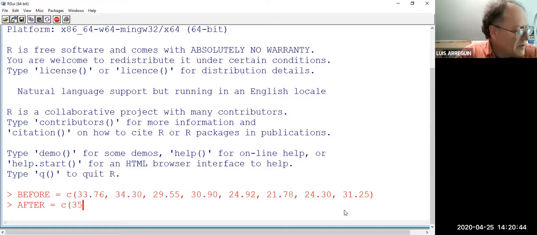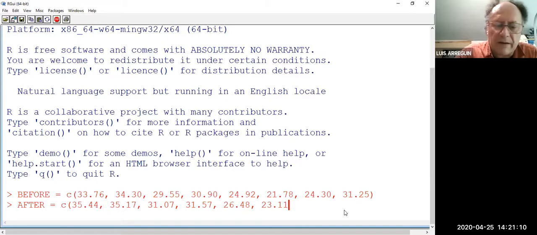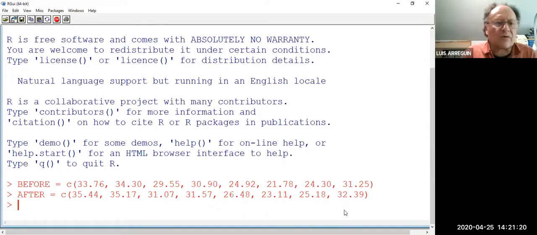So I have 35.44, then 35.17, and 31.7, 31.57, 26.48, 23.11, 25.18, and finally 32.39. So I have two data sets, and I'm going to compute the difference now.